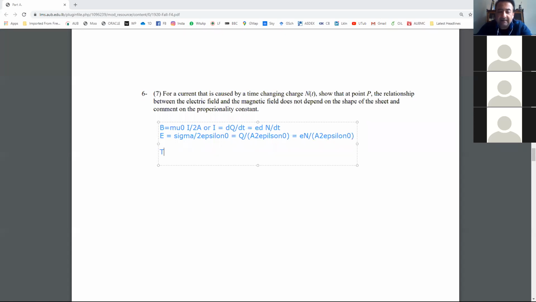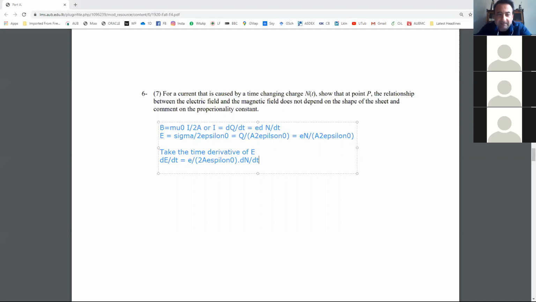Now, if I take the time derivative of the electric field, in this case we have dE over dt, where e is constant, the area is constant, epsilon 0 is constant, so I'm going to have e over 2A epsilon 0 multiplied by dN over dt. Right? But what is dN over dt?